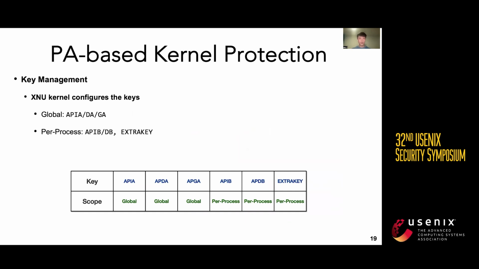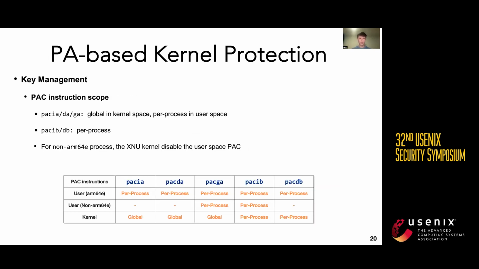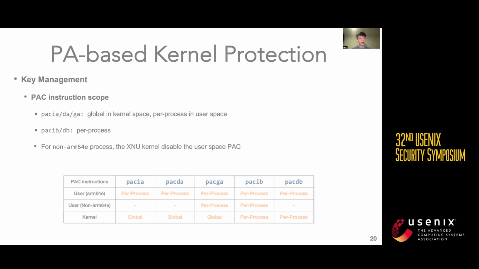For the key management, first, we reverse engineered how the XNU kernel configures the keys, and then combining our findings on Apple's PAC hardware, we summarize the key management implementation in the XNU kernel. The results show that Apple implements a fine-grained key management based on customized PAC hardware.